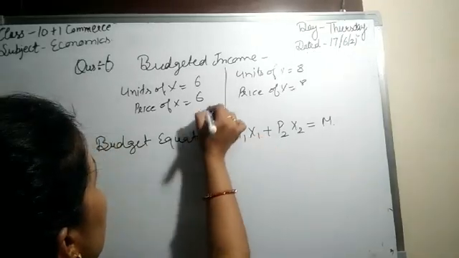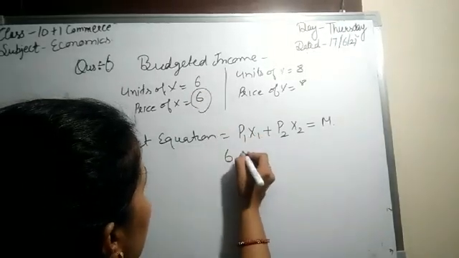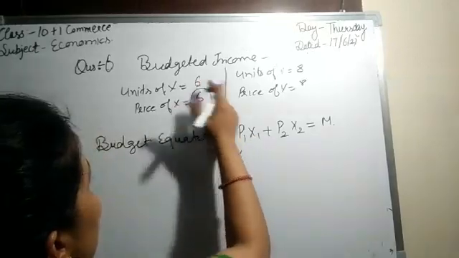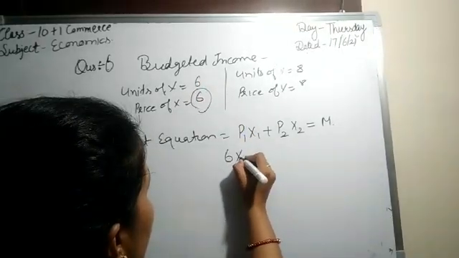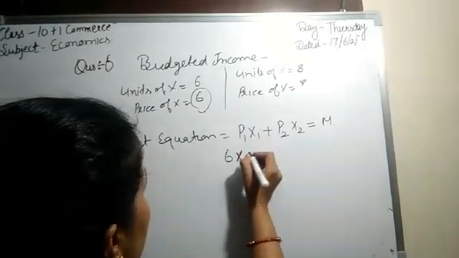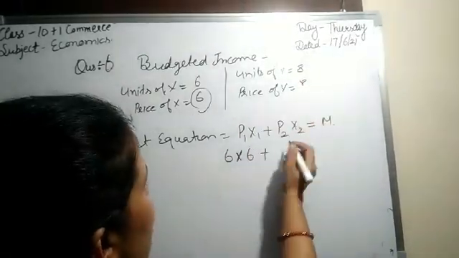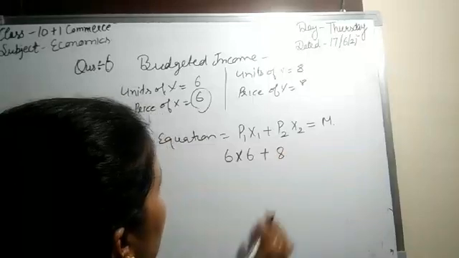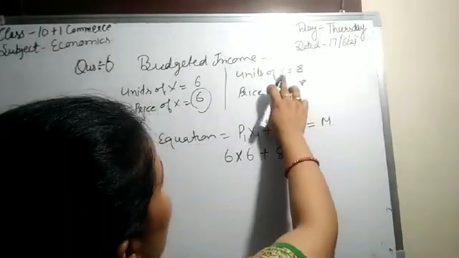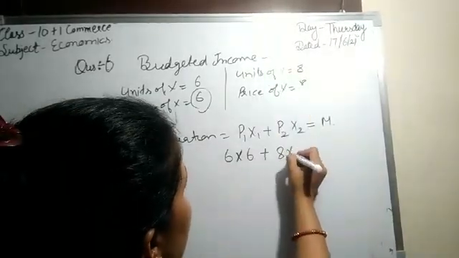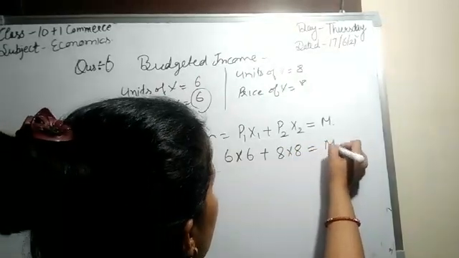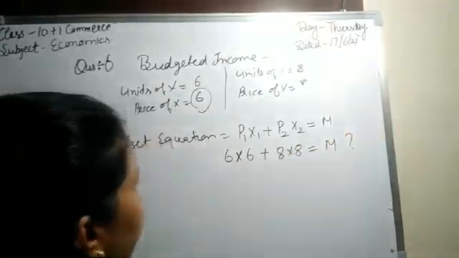So P1 is 6 multiplied by X1, the units of X commodity, which is 6. P2 is the price of Y commodity and X2 is the units of Y commodity, that is 8. So M is missing here. M means the budgeted income.